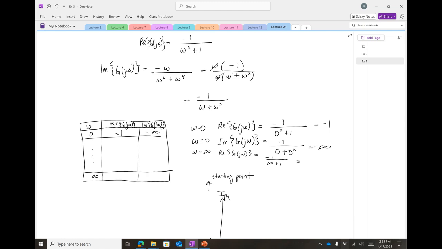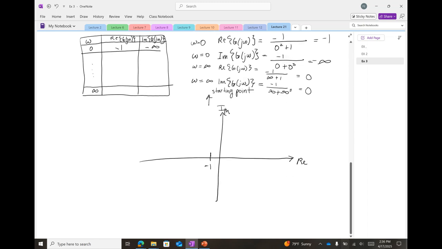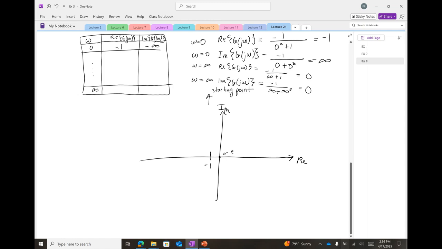This should give us a 0, because anything divided by infinity is 0. And then the imaginary part at omega equal to infinity is given by negative 1 divided by infinity plus infinity cubed, which is kind of weird, but again, this should be 0. So our ending point is here at 0.